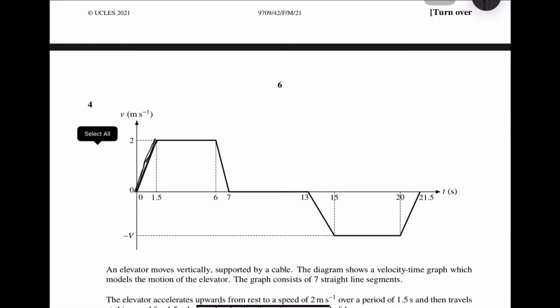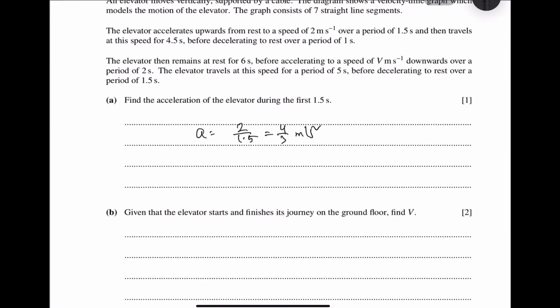That is, it is going upward and this is going downward, so the two areas will be the same.